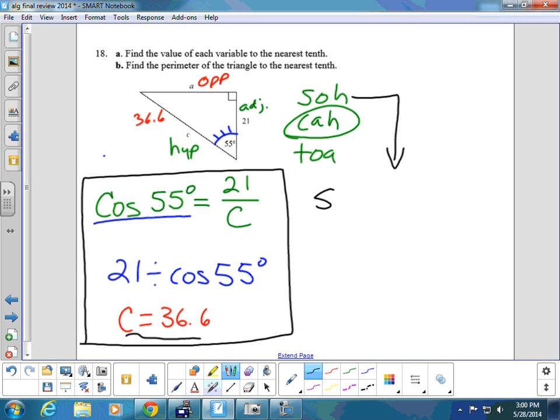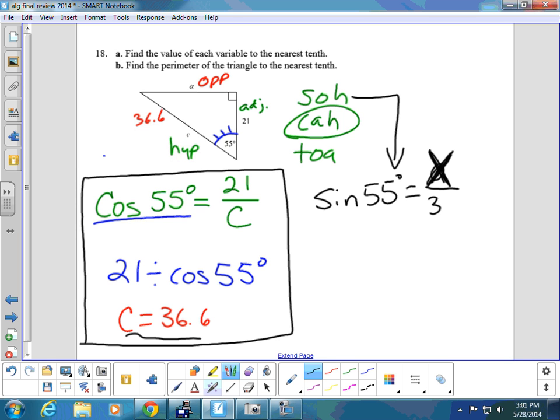So the sine of 55 degrees is equal to the O, the opposite, which is the A, which we don't know. So again, that might mess people up. If you have to put an X there, put a variable X there. X over H, and I just said I was going to use 21, but I didn't.